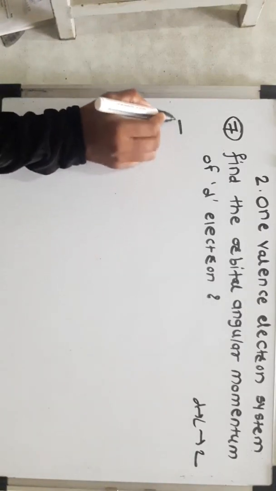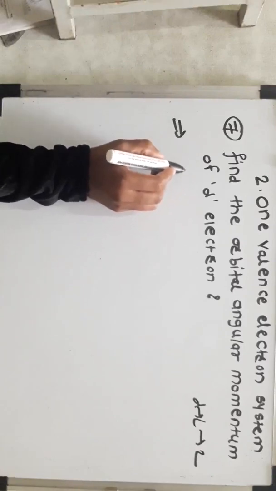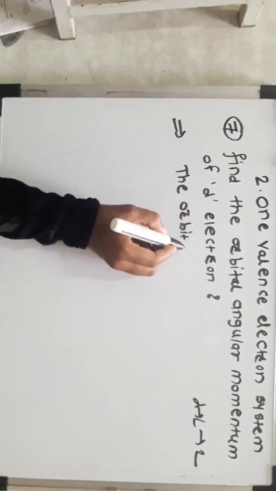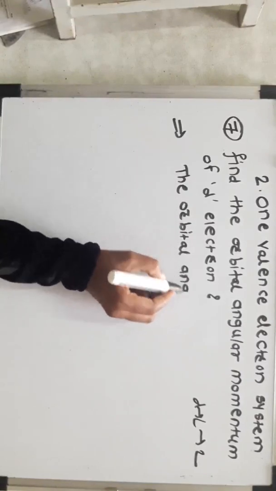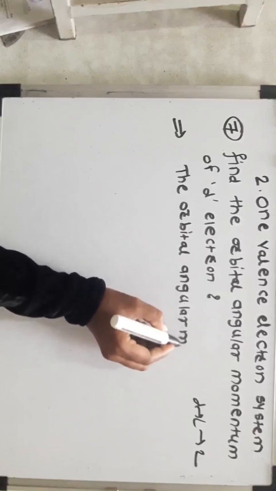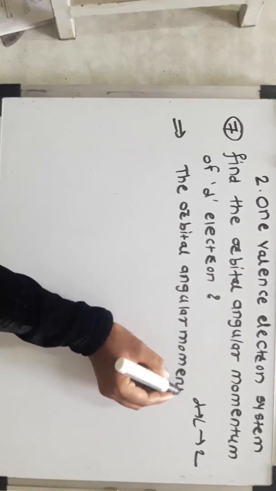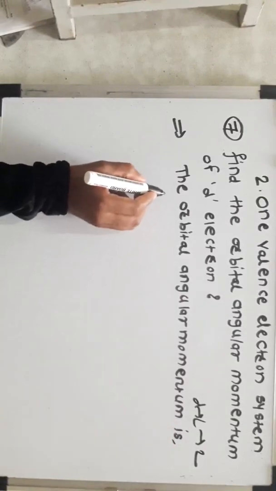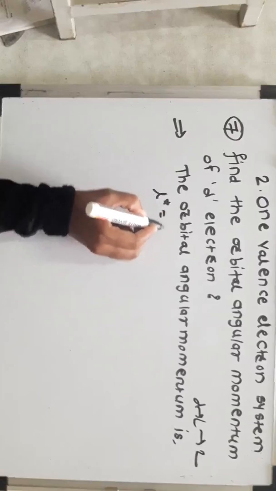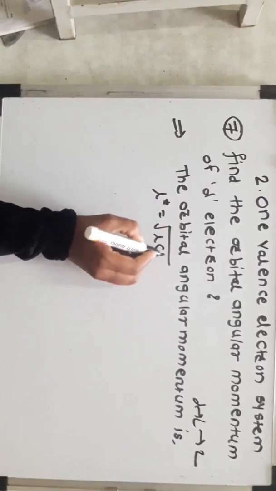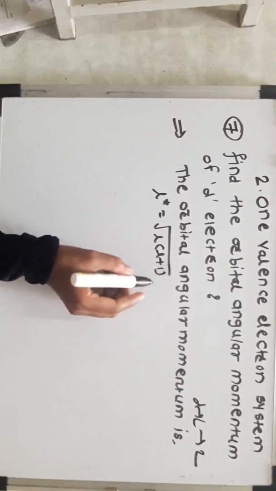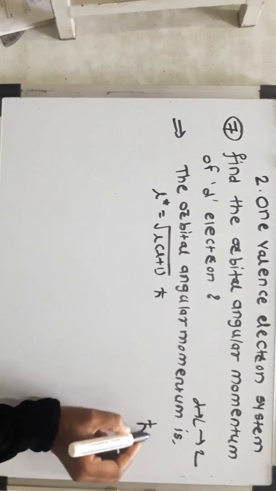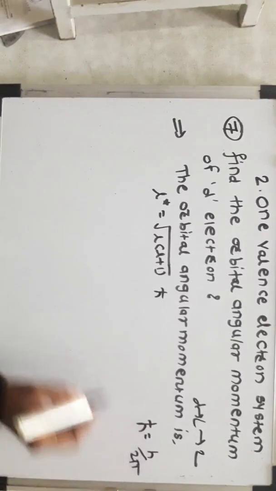The formula for the orbital angular momentum for a d electron is L* = square root of l(l+1) times h cross, where the value of h cross is h upon 2π.